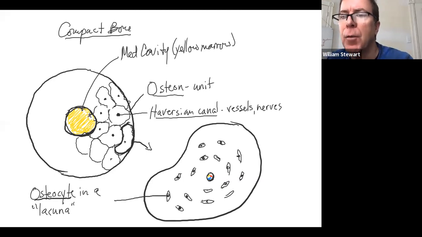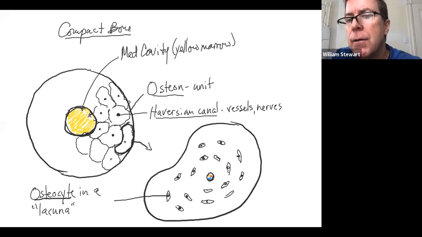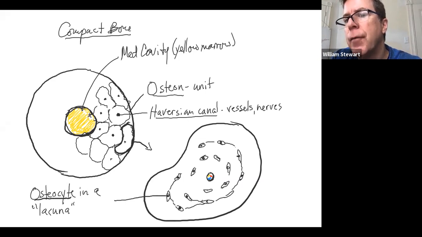But it lives in this little pocket or cavity, and there are little tiny canals that connect these lacunae, that's plural. So you can see this thing starts to look like growth rings of a tree.